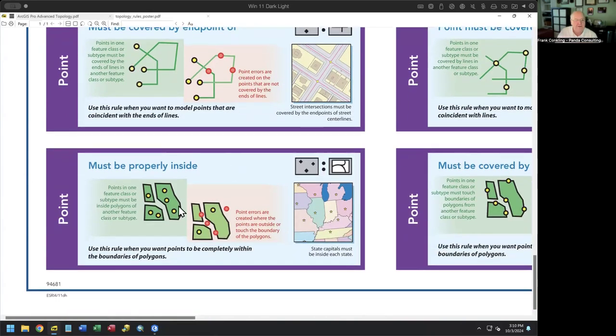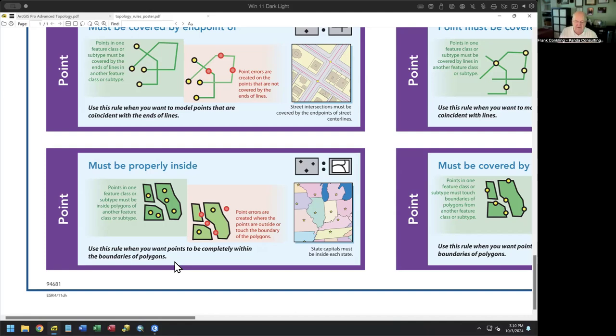The next rule has to do with points and polygons, as you can see here. And it says that the points must be properly inside of it. You can use this rule when you want the points to be completely within the boundaries of the polygons.